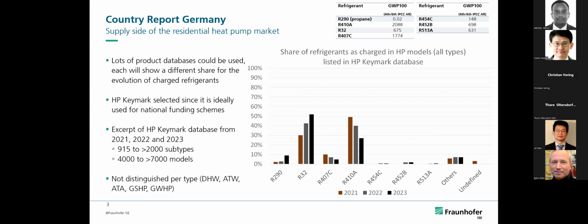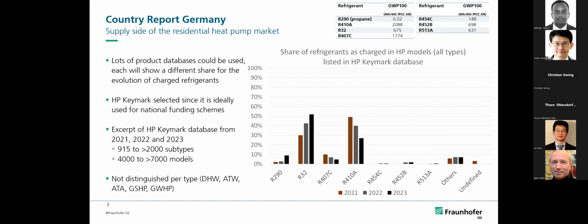In the duration of the Annex 54, we took three versions of this database, because it is developed continuously. We just made a snapshot at these years and filtered it.